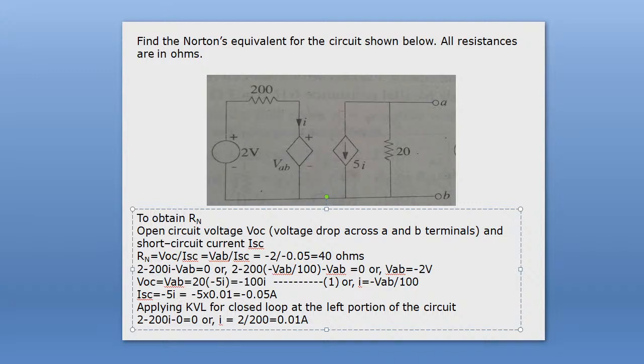So I suggest everyone solve more problems related to these topics for both AC circuit and DC circuit. Okay, thank you everyone.